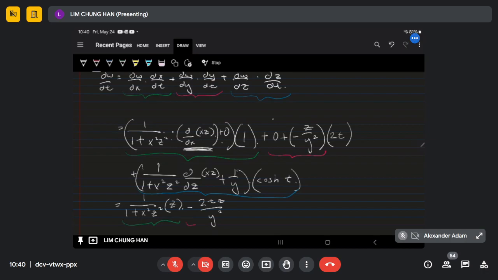This is the red, and the blue is x over 1 plus x squared z squared.